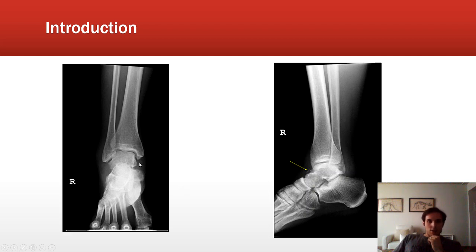Other soft tissue structures like the deltoid ligament, which attaches to the medial malleolus, the syndesmosis, which is comprised of the interosseous membrane, the anterior inferior tibiofibular ligament, posterior inferior tibiofibular ligament, and the oblique tibiofibular ligament. Those are big structures that we're going to be paying attention to.